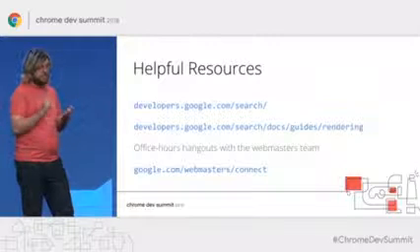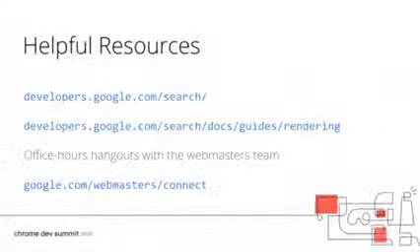We have what's called the Webmaster Forum. A bunch of fantastic people there, called product experts, are also helping if there's anything coming up with search. And last but not least, if you've been to the forum space before, we have a Search Console booth where you can try out Search Console and get stickers and stuff. So definitely check that one out tomorrow. So that's a bunch of resources.